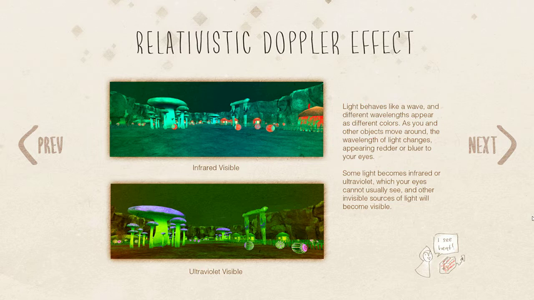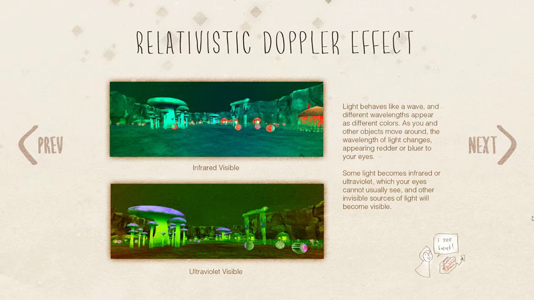As you're moving toward one of these objects at relativistic speed, you're going to see all of those wavelengths shrink. So some of the visible light, maybe all of the visible light, becomes ultraviolet and above and becomes invisible. And then some of the infrared light becomes visible, because the too-long wavelength of the infrared gets compressed enough to be in the visible spectrum.